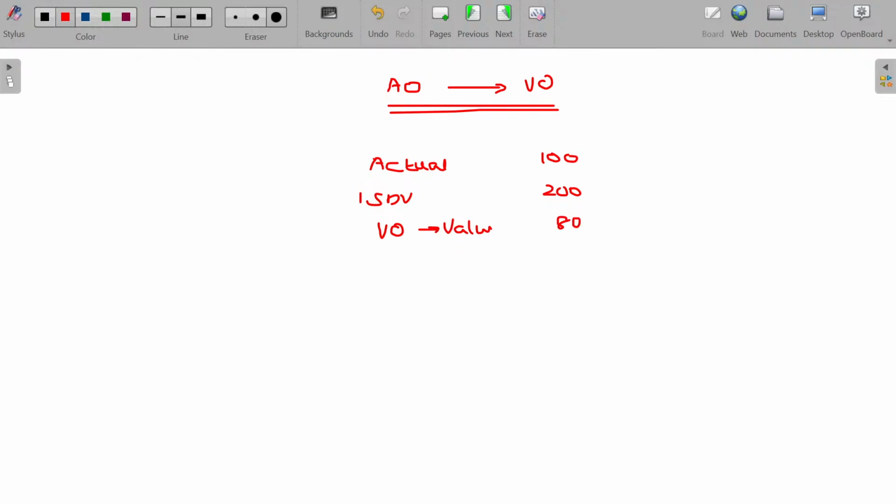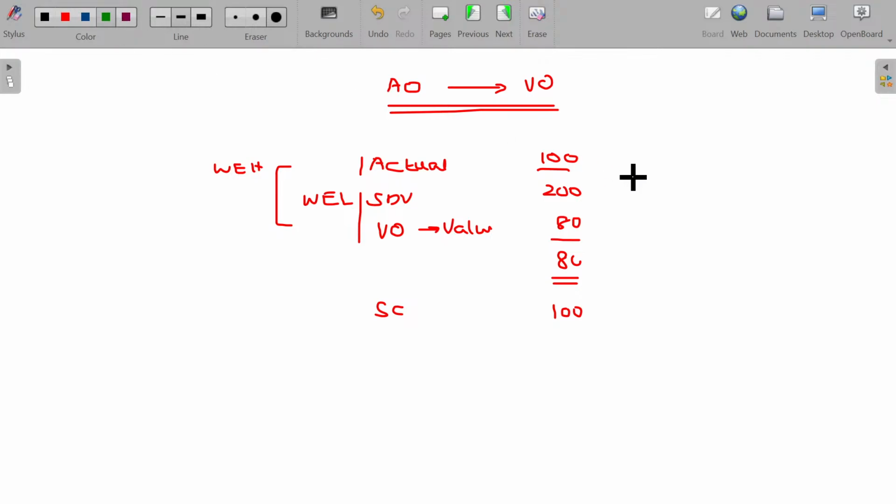If the valuation officer's value is given, between these two, whichever is lower will be taken, and then between that and the actual, whichever is higher will be taken. Between these two, whichever is lower is 80. Thereafter, compare actual and this one, whichever is higher will be taken. This is final.